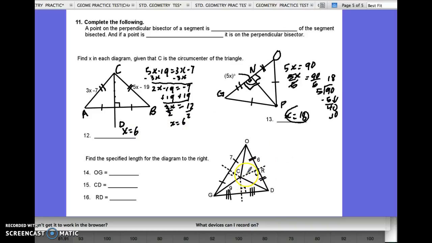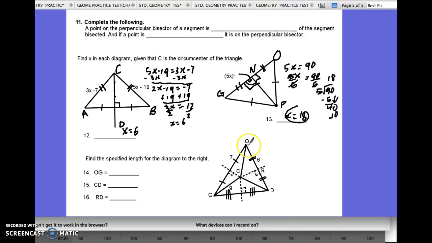Now, here's where we get to a little bit more involved or engaged consideration of the perpendicular bisectors, and that is we're going to look at a triangle GOD, which is the best one we could ever examine, and look at the three perpendicular bisectors. Let's take the perpendicular bisector for GO. Here it is, perpendicular, shown here, and it bisects GO.